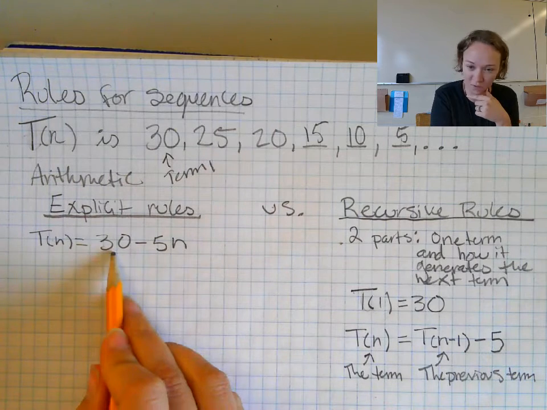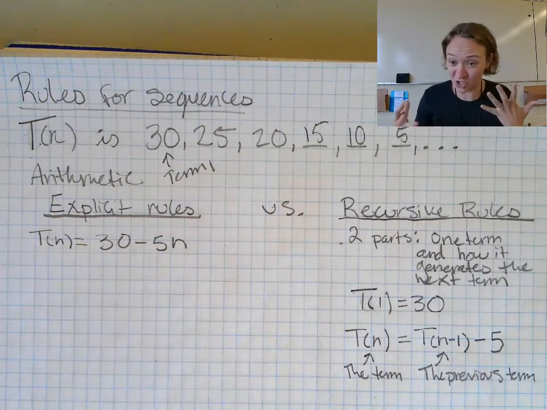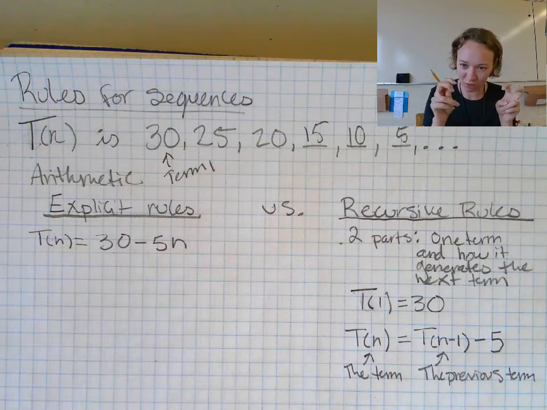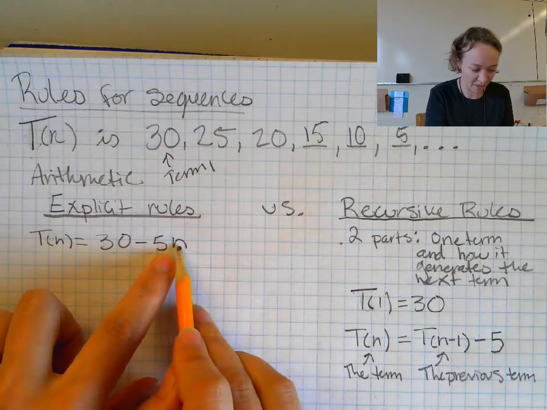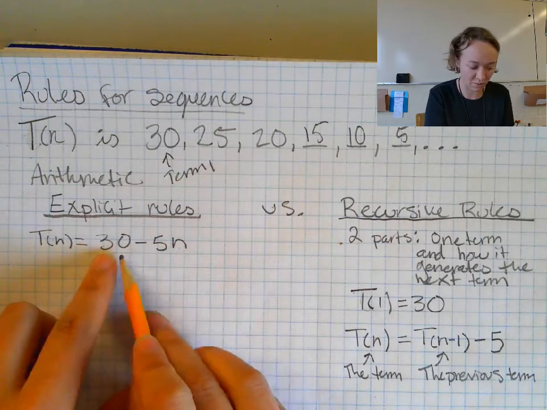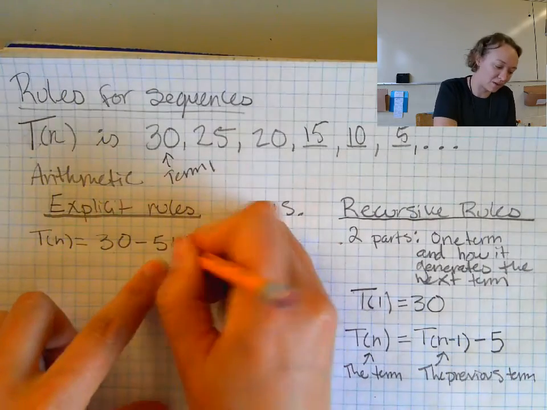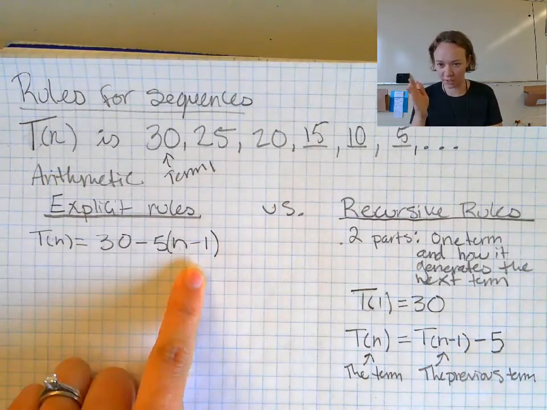You have a starting value of 30, and then you subtract 5 each time. That feels good, but it's not right because if I put in term 1, 5 times 1 would be 5, 30 minus 5 would be 25. Term 1 isn't 25. So I have to adjust everything for the fact that we start at 1 instead of starting at 0.